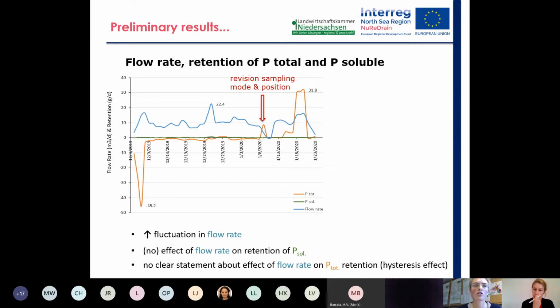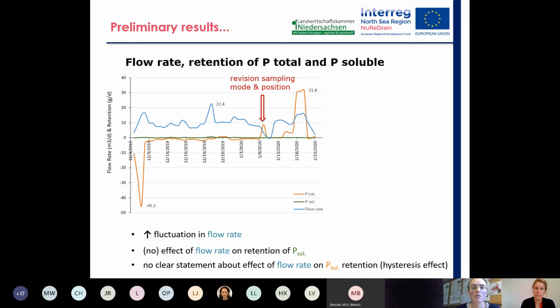It indicates how much P is retained in the filter. You can see that it is nearly not varying at all and does not seem to be influenced by the flow rate at all. The retention of P total is indicated by the orange line, and you can see a strong negative retention, which means that the P filter is emitting phosphorus.